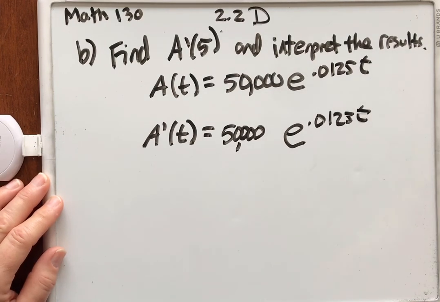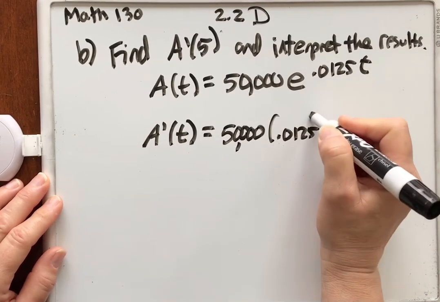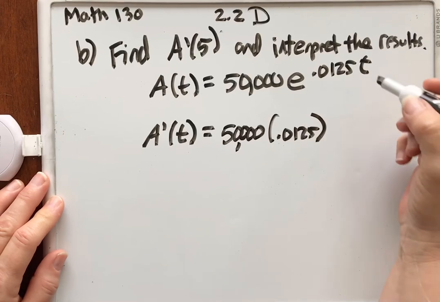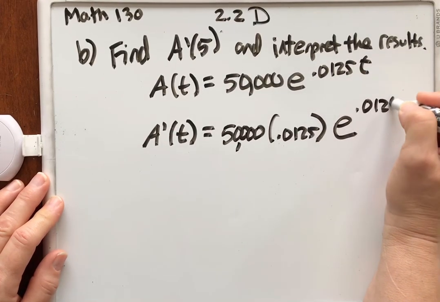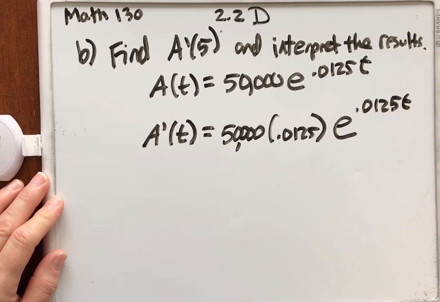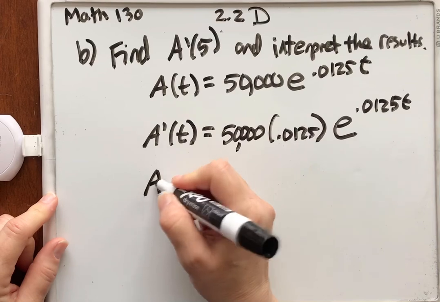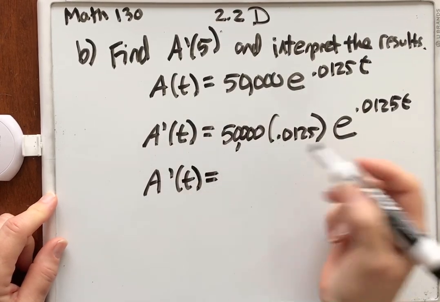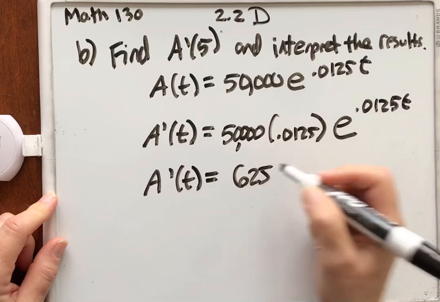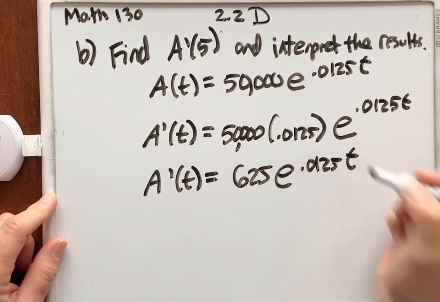So A prime of t equals, we multiply these two, and we get 625 e to the 0.0125t.